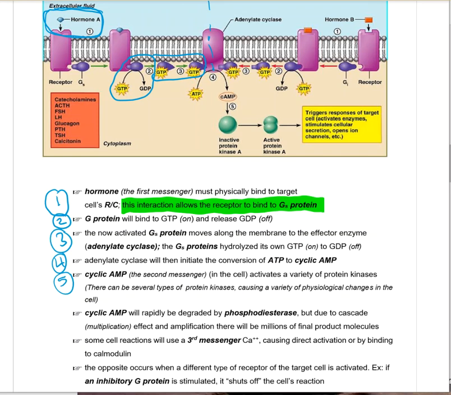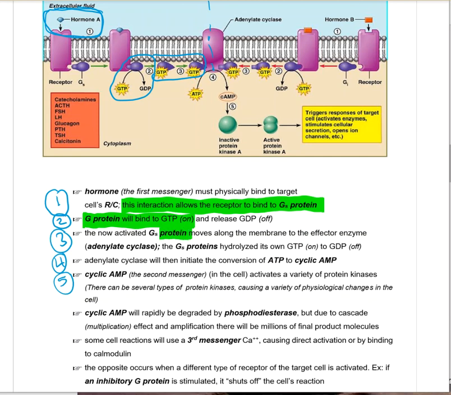So GTP gets used and becomes GDP, just like ATP becomes ADP. And so the GTP will go and bind itself to the GS protein. So that's our next step. It will bind GTP and release a spent GDP. Now this guy is activated.